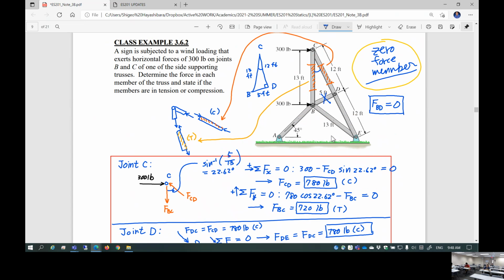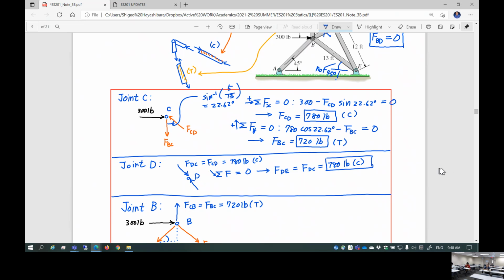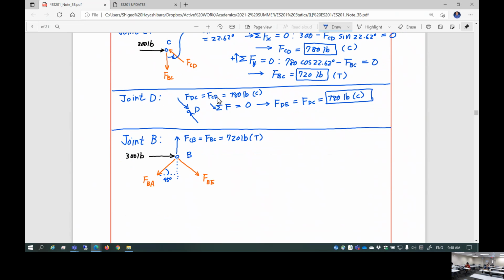This is not 45, is it? Not 45, because this angle belongs to this triangle, which is not 45 at all. This is not symmetric here, so you have to be very careful about this. You have to figure out this angle, probably. How can you do such a thing?